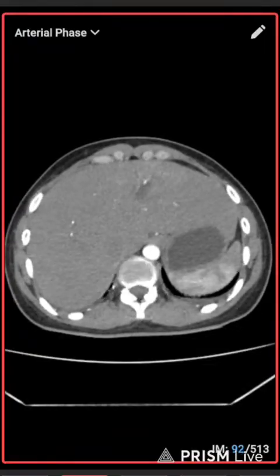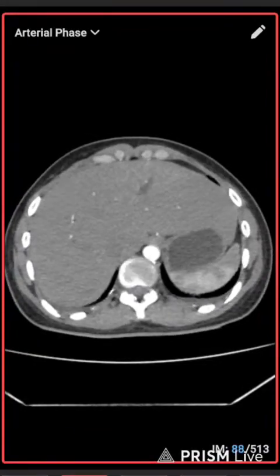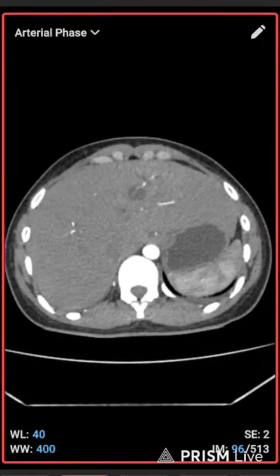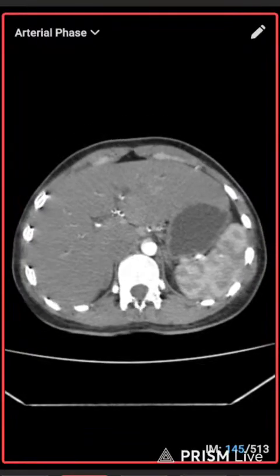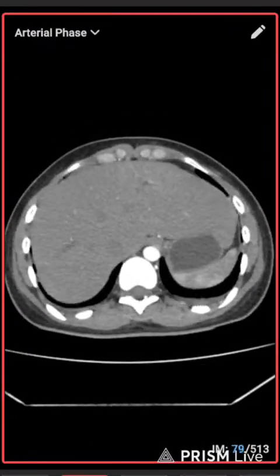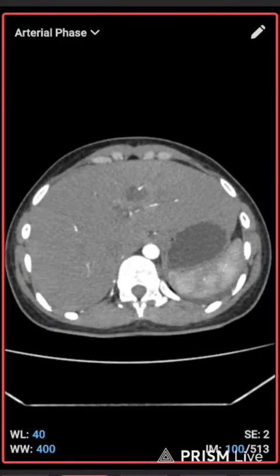After that you will see the hepatic lesion in that area. It's not that much enhanced in the arterial phase. You will clearly see that there is nothing in that area, just the artery is visible.